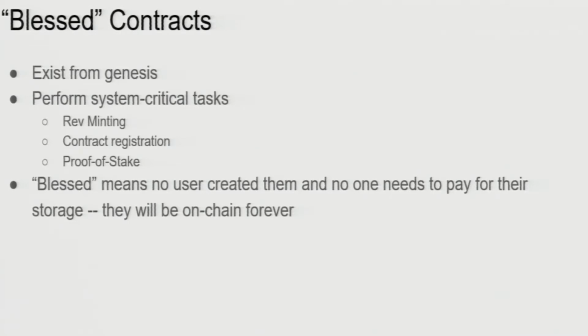So blessed contracts are contracts that'll be around from the Genesis block, and they're here to do system-critical tasks that just need to get done. Things like taking care of the rev mint and registering public names for use as contracts and for proof of stake. So these blessed contracts, because they're so important, they aren't owned by any user, weren't deployed by any user.